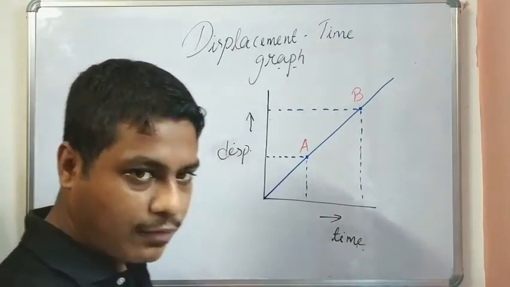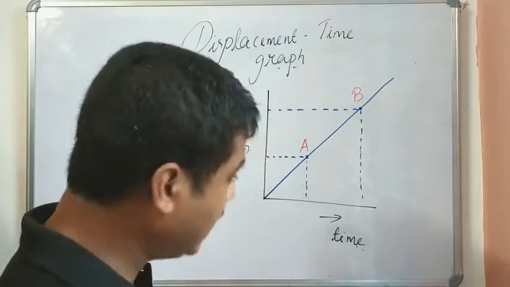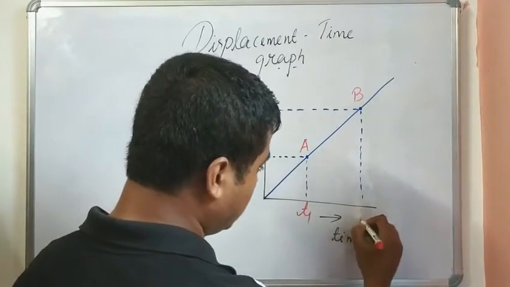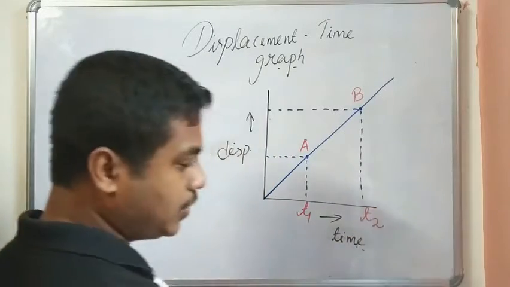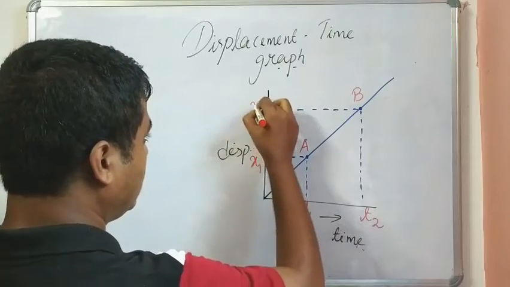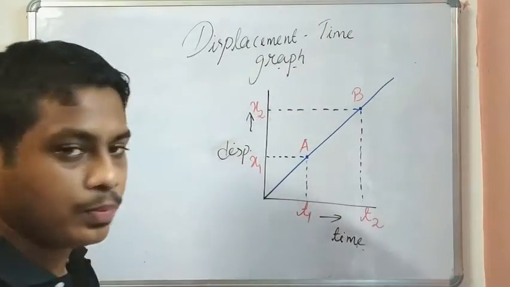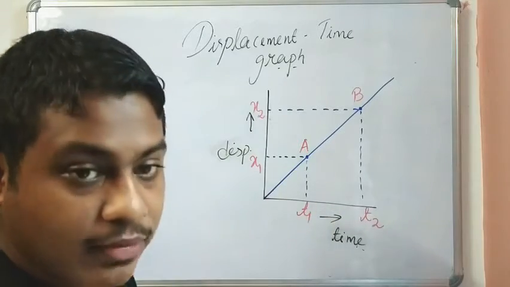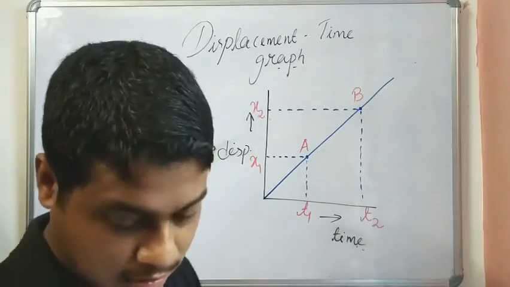Now, if I consider these for the time axis, this is time t1 and this is time t2, and this is displacement x1 and this is displacement x2. We have taken x1, x2, time t1 and t2. These are arbitrary points.